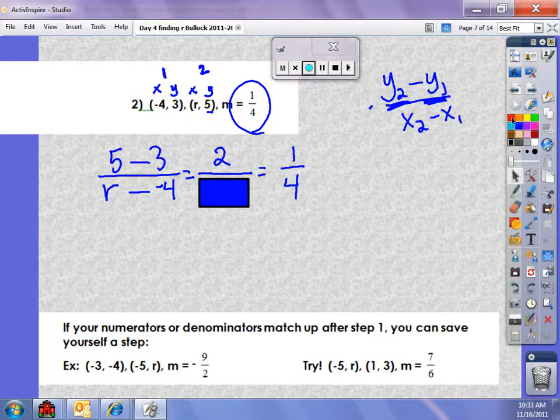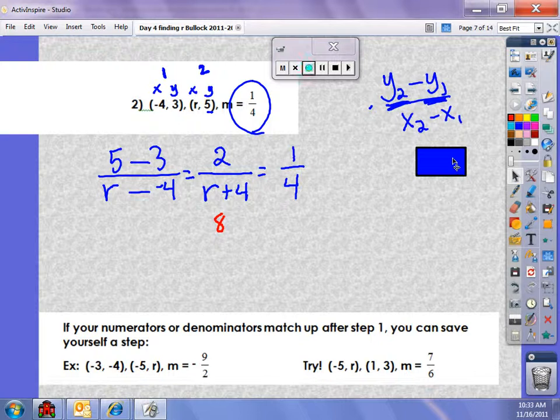And hopefully we all know that 1 out of 4 is the same as 2 out of 8. So I would like whatever is under here to equal 8. So now I want to figure out what r could be to make 8. Well, we know that 4 plus 4 equals 8. So in this case, r must be 4.